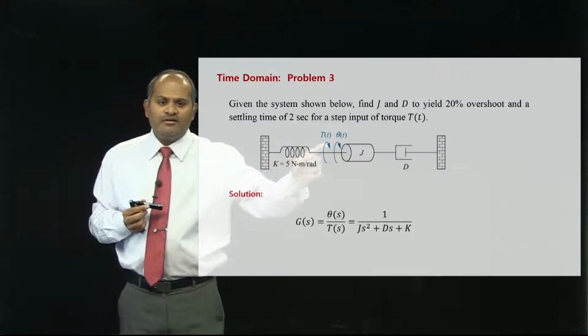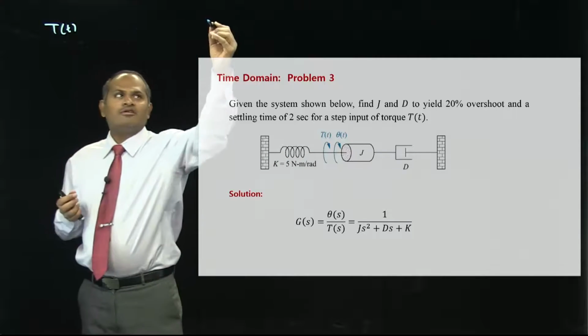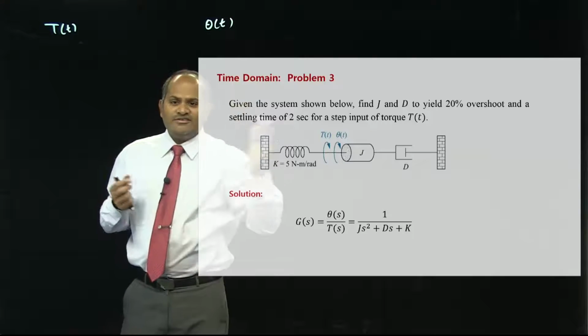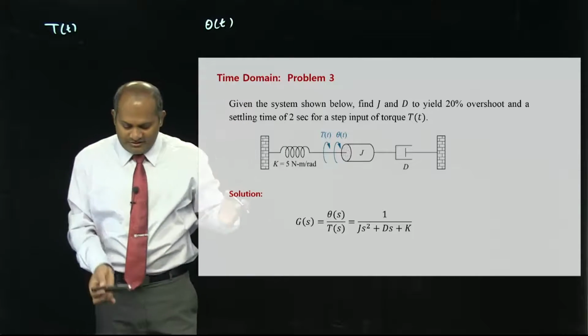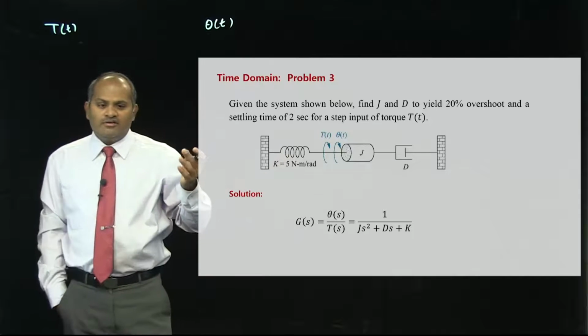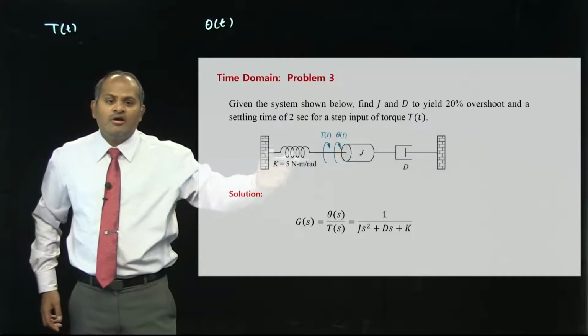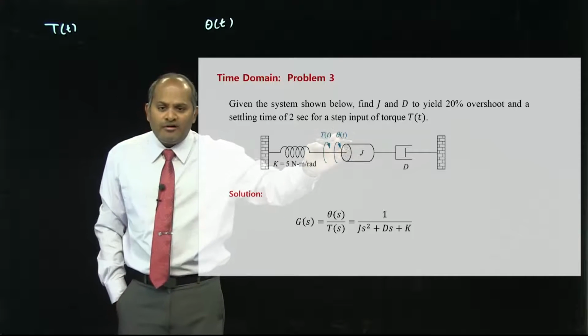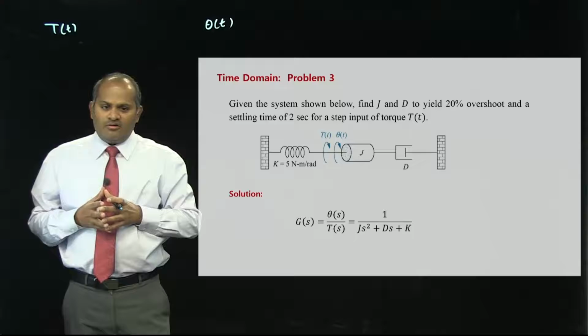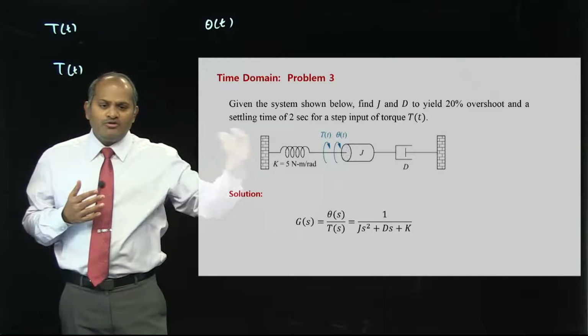What is the input here? Torque. What is the output? Theta. So what is the functional relation? I can directly write this one. The resultant torque produces moment of inertia into angular acceleration. So what is the torque? That is the torque acting, and what are the opposing torques?